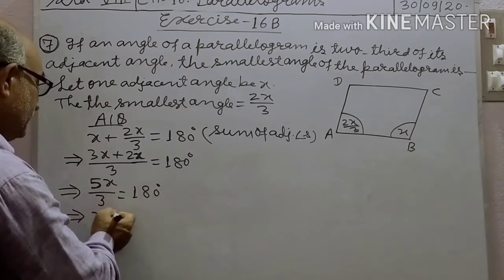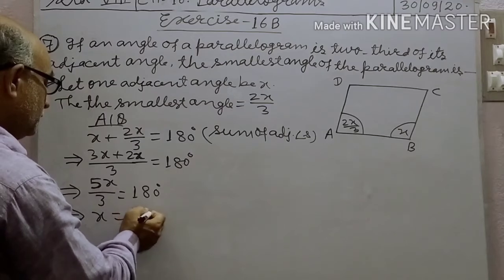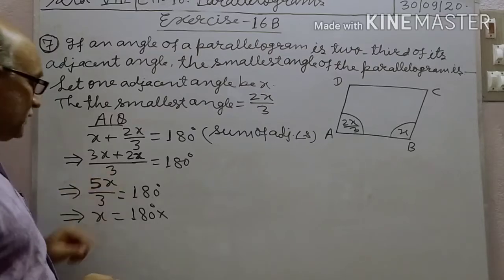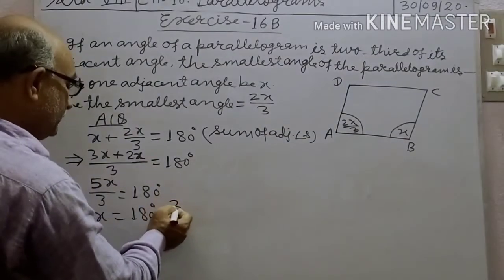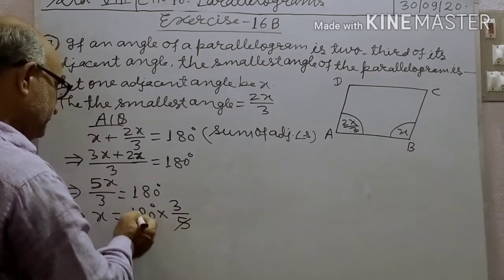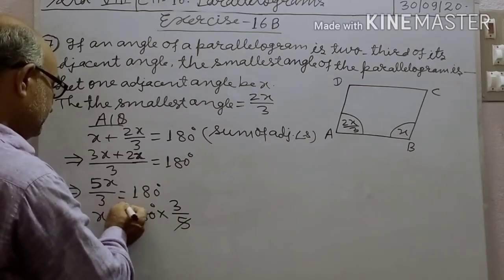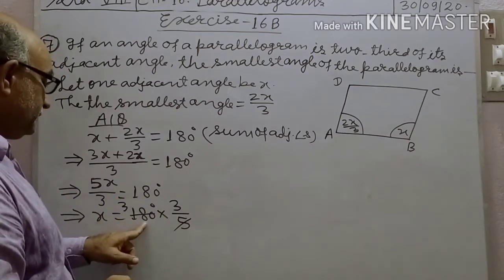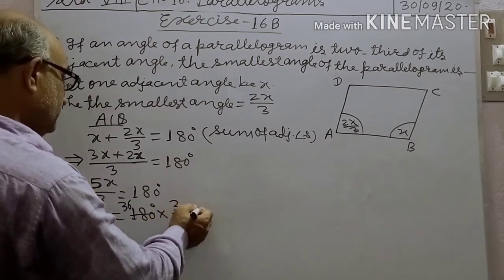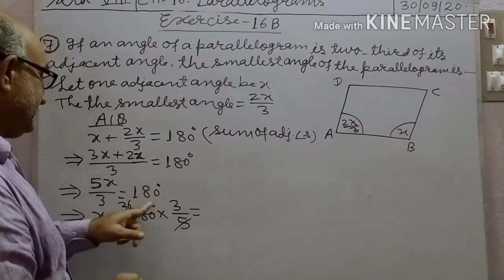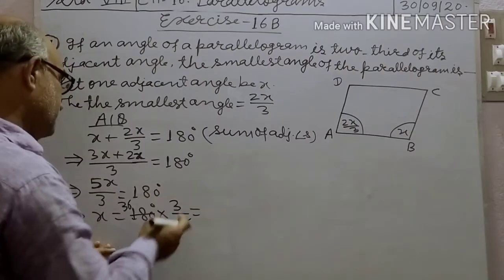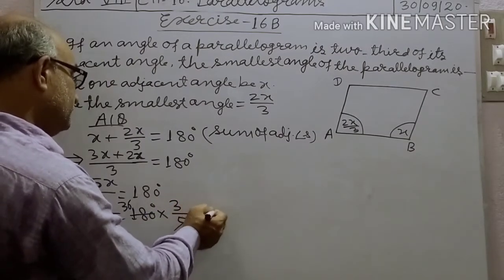That implies x equal to 180 degree into 3 by 5, by transposition. 180 divided by 5 is 36, times 3, so x is 108 degree.